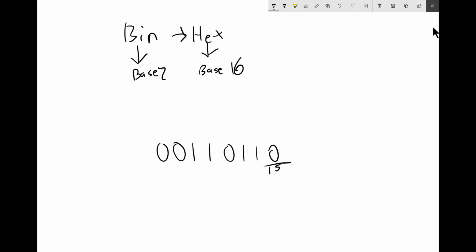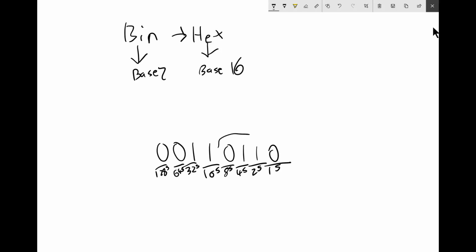And it's quite important to use your 1s, 2s, 4s, 8s here. It's just like a guide. 16s, 32s, 64s, 128s. And now we can convert to hexadecimal. As I said before, we have powers of 16.